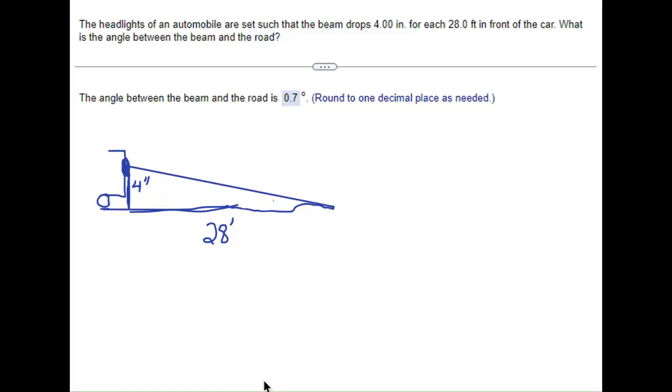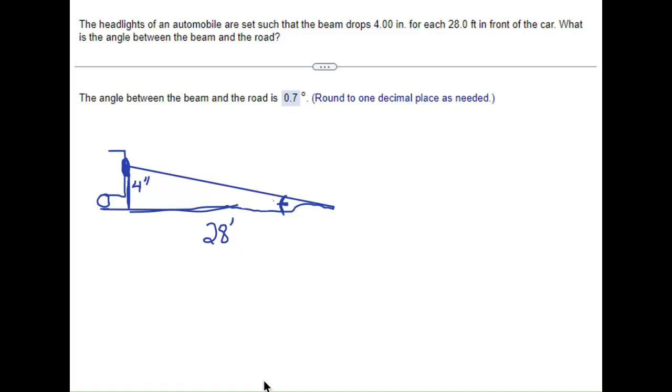And what we're looking for is an angle right here that the head beam makes with the road, because that straight line is the head beam, and this is the road. So we're looking for this angle right here.